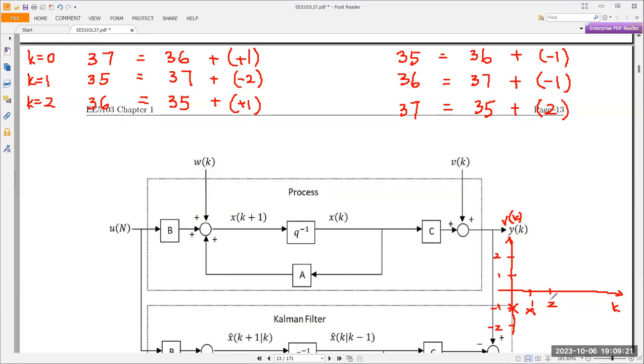When k equals 2, your noise is 2, so you have 2 here. In this simple example, you see it is zero mean: -1, -1, 2 averages to 0. Mean is the same as average. So you get zero mean.